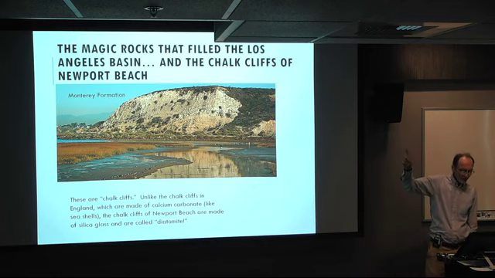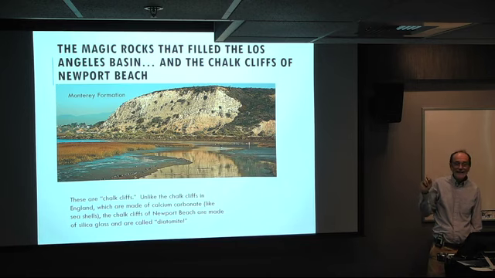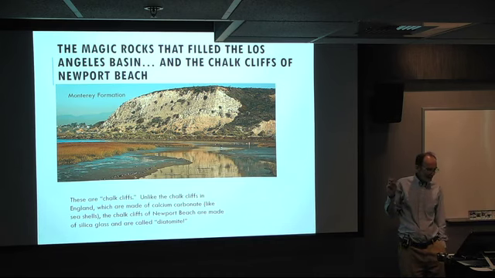Unlike the chalk cliffs in England, which are made of calcium carbonate, like seashells, the chalk cliffs of Newport Beach are made of silica glass and are called diatomite. All right? Diatomite is from diatoms, which are basically a type of marine plankton.